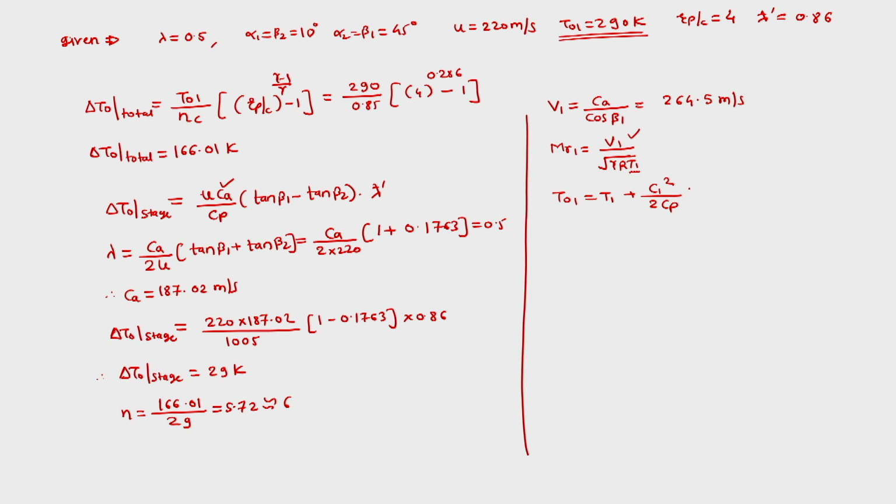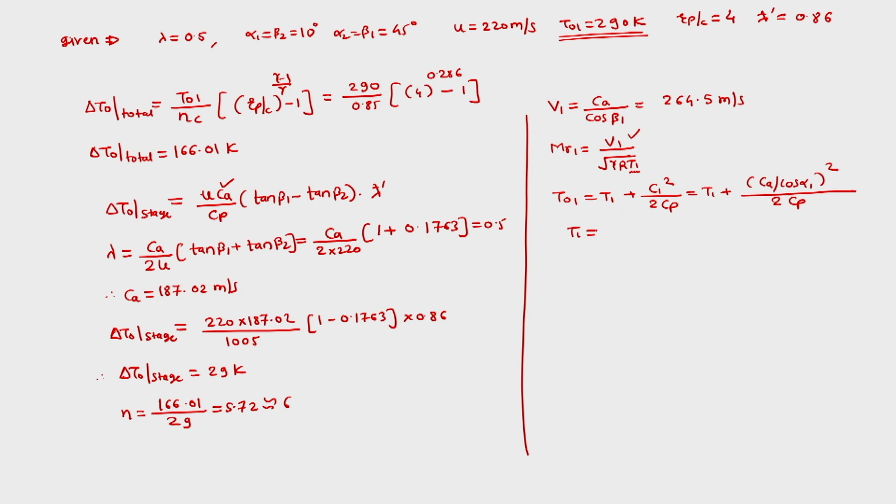But we again don't know C1, so C1 can be replaced by Ca by saying that C1 is equal to Ca upon cos alpha 1, bracket squared, divided by 2 Cp. So this gives C1, and then we can find T1 from here from the known T01.